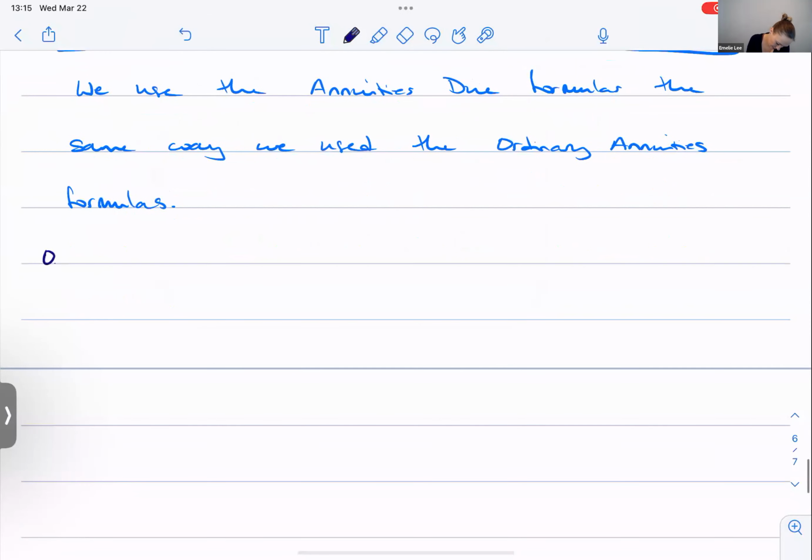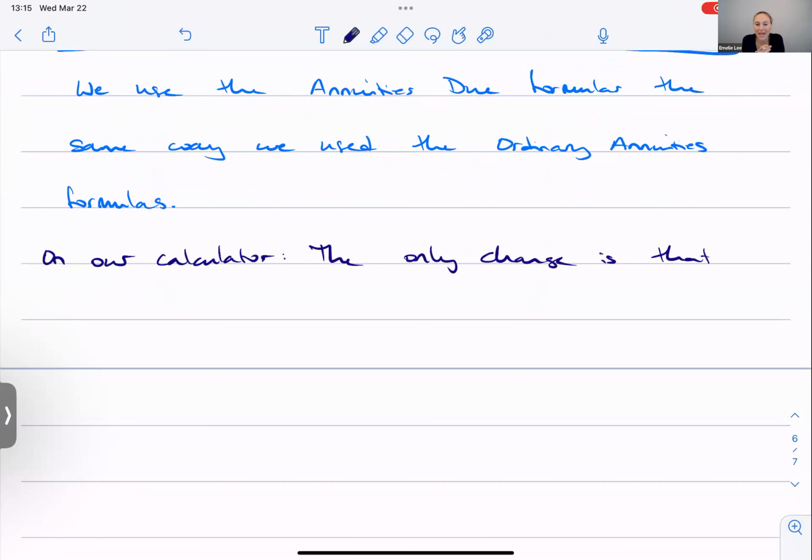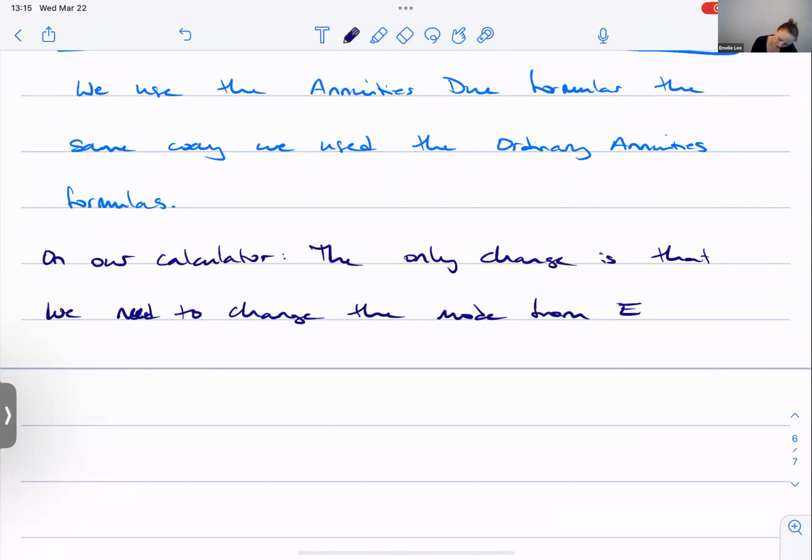On our calculator, the only change is that we need to change the mode from end to begin. To do that, let me grab a screenshot.